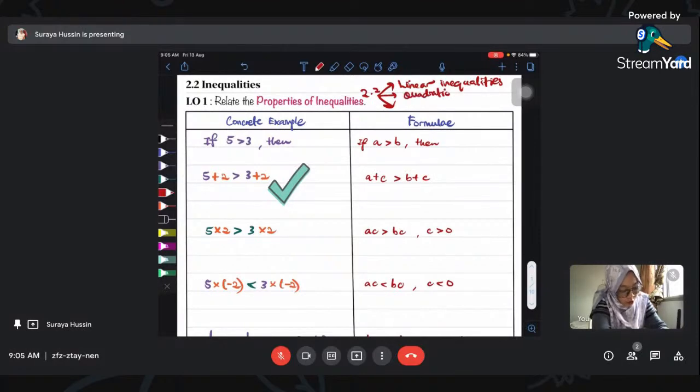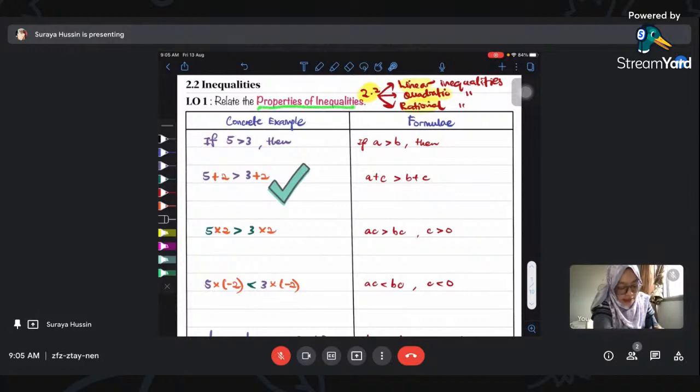We also have quadratic inequalities, and we also have a rational. Kamu kena hafal nama-nama ini. Rational inequalities. So 3 ni, linear, quadratic and rational, is very important for you to master dalam 2.2 subtopic ini. Alright, so we will go to the properties first.